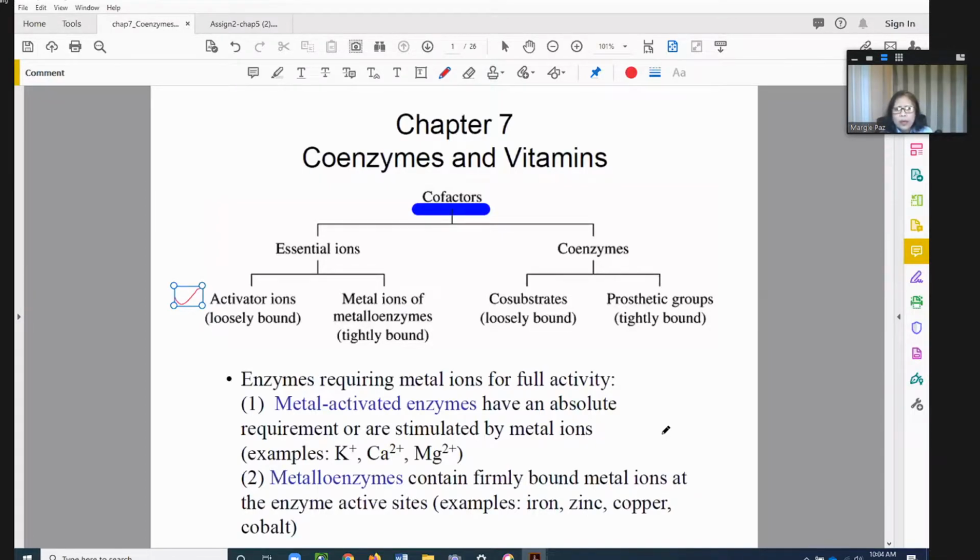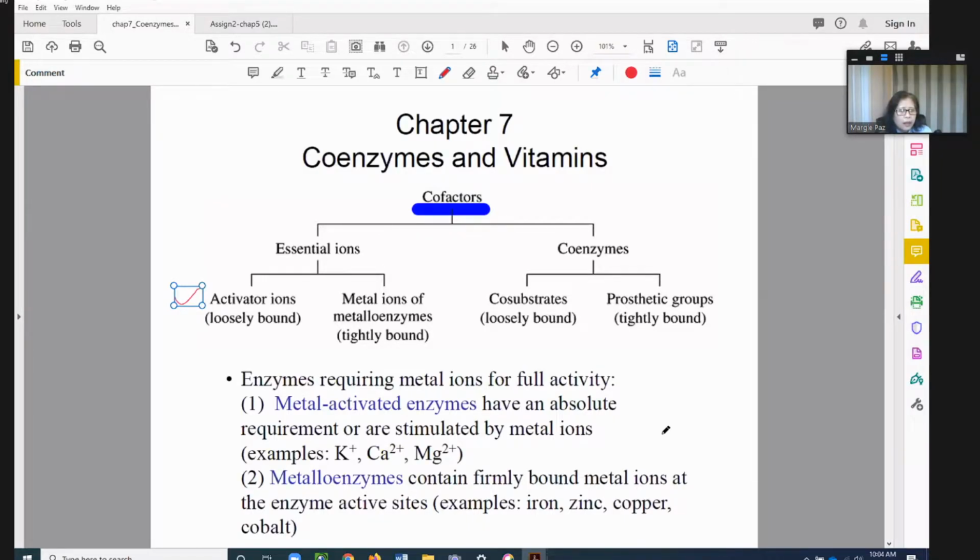Now, over 25% of all known enzymes require metallic cations to achieve full catalytic activity. Metal activated enzymes either have an absolute requirement or can just be stimulated by metal ions.